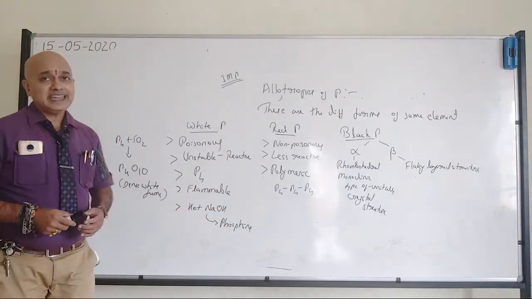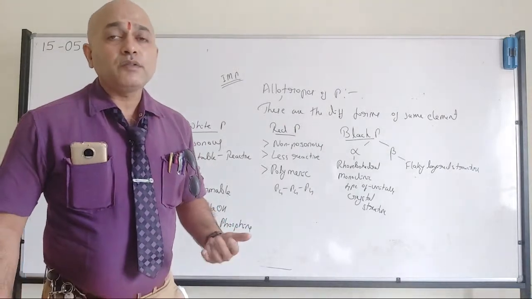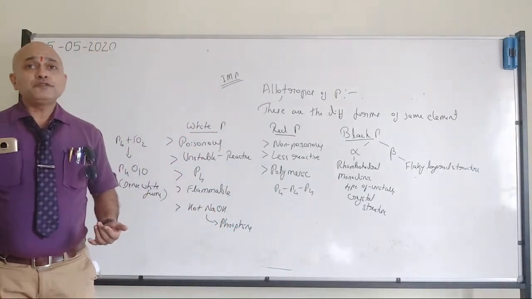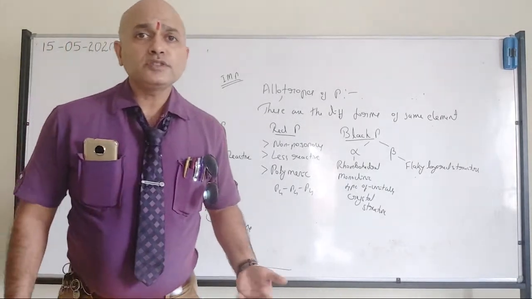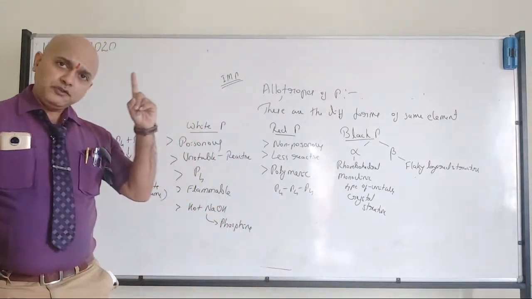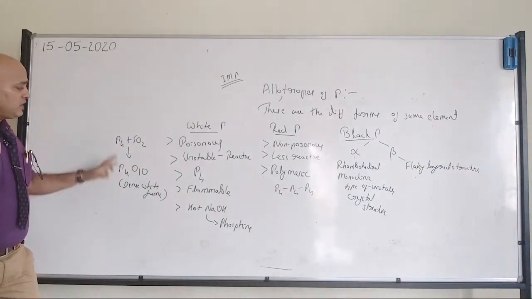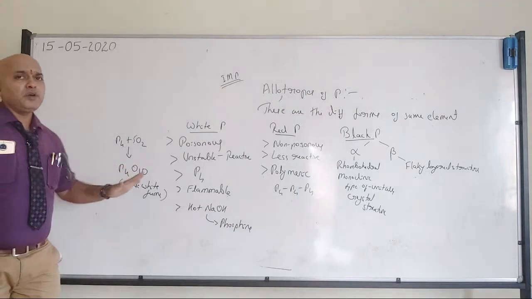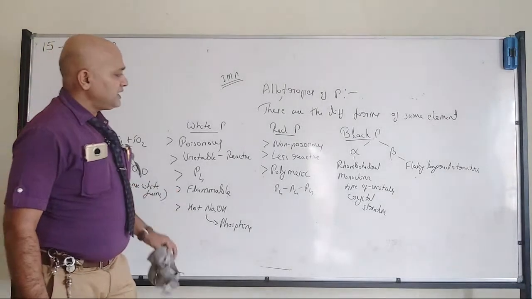That is, name the compound responsible for dense white fumes when white phosphorus is exposed to atmosphere. Then you should write only one word, that is phosphorus pentoxide, or you can write the P4O10 formula. Fine. So that is with respect to white phosphorus.